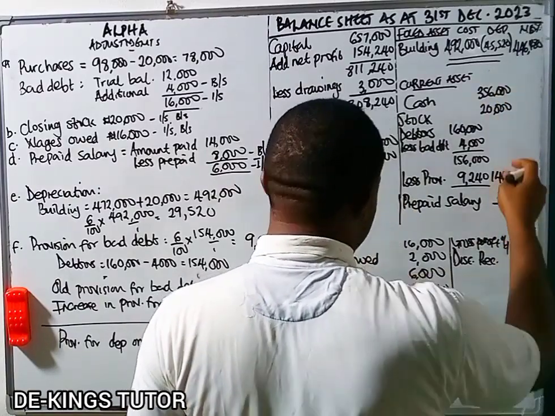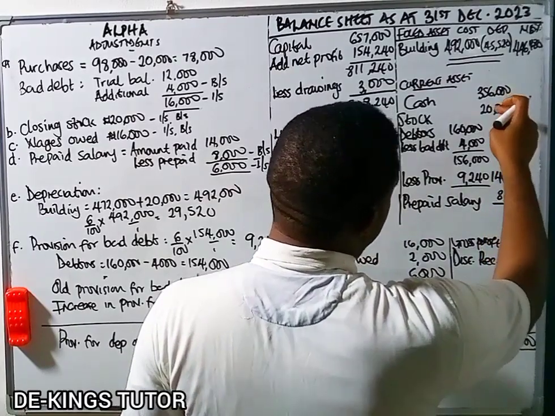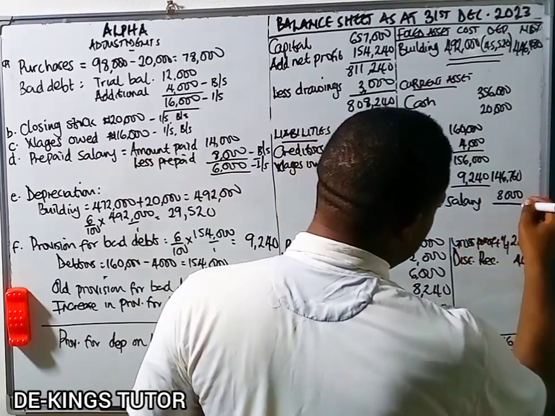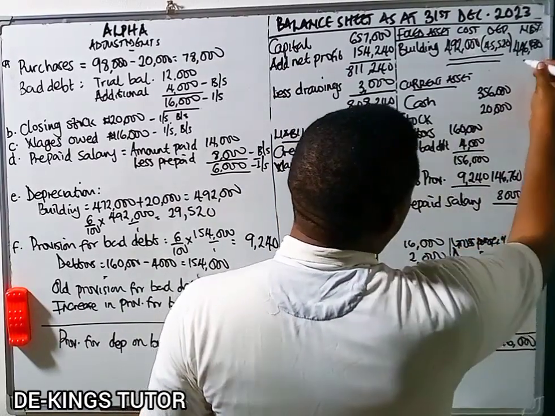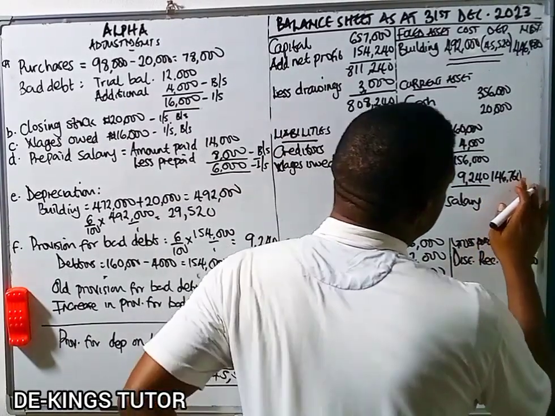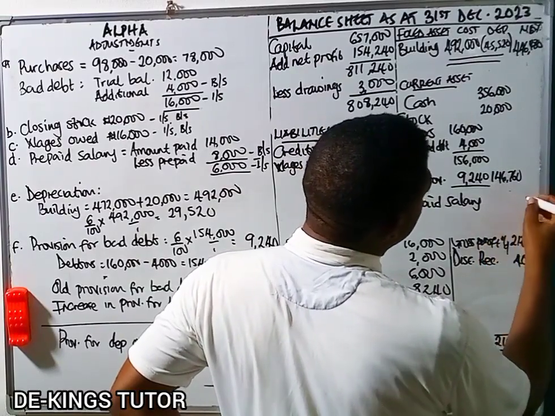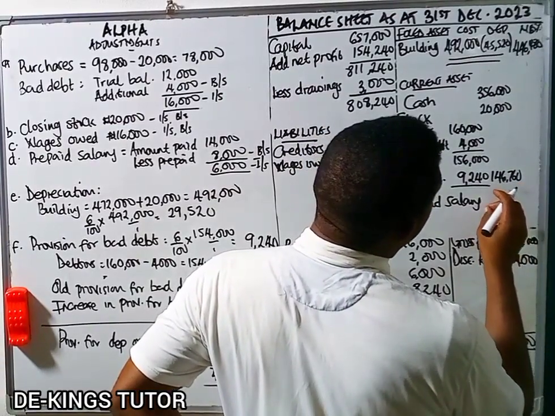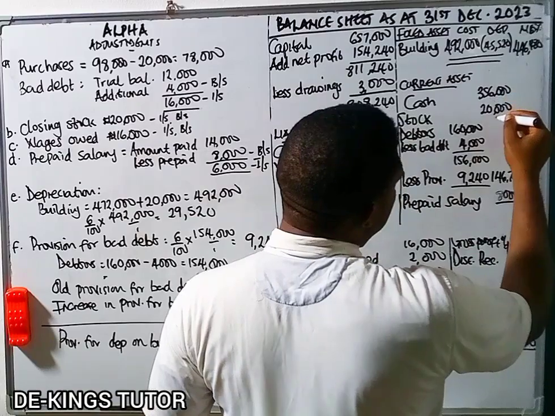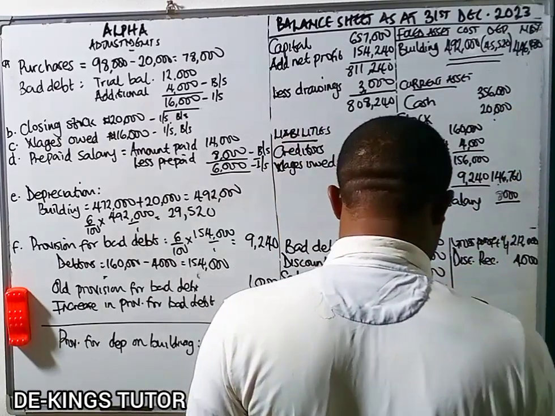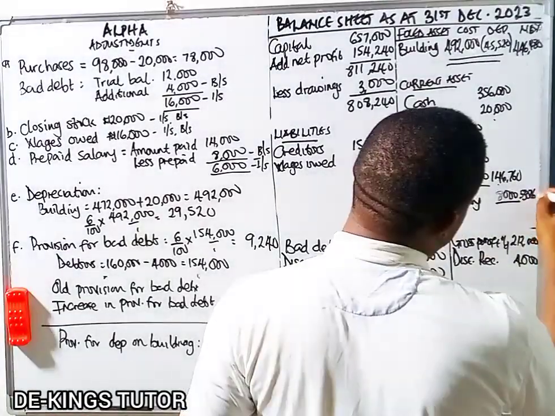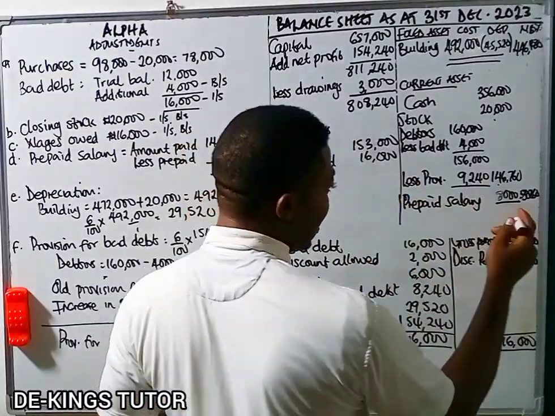If you add all this, 356,000 plus 20,000 plus 146,760 plus 8,000, from my calculator, is 530,760. That's the value there.